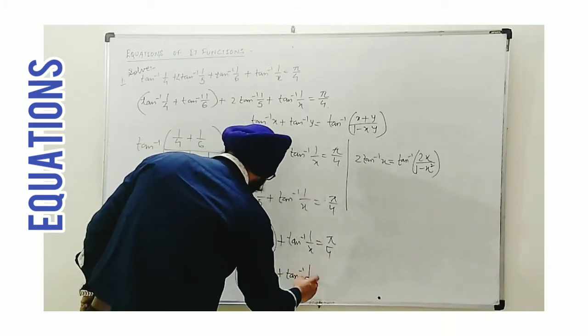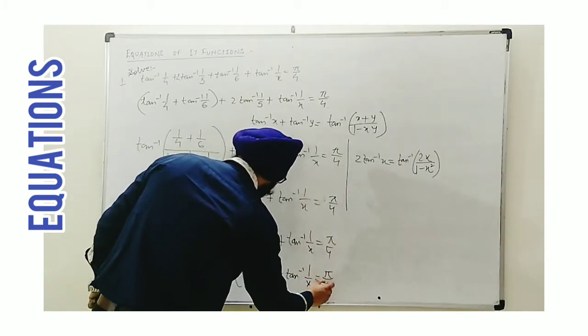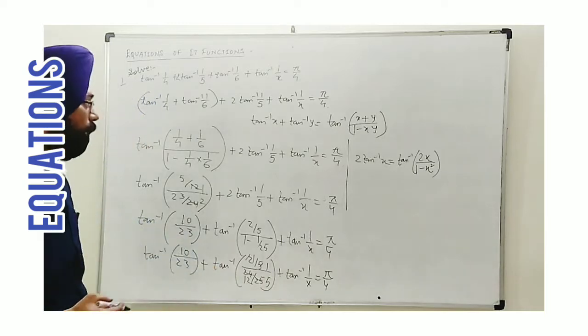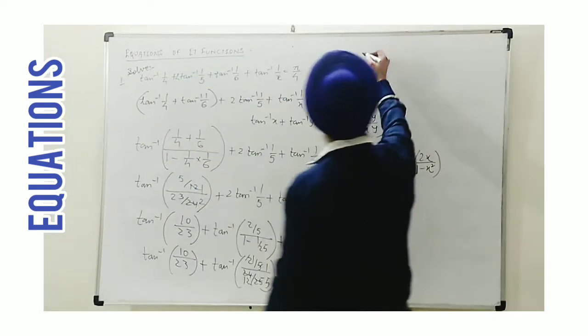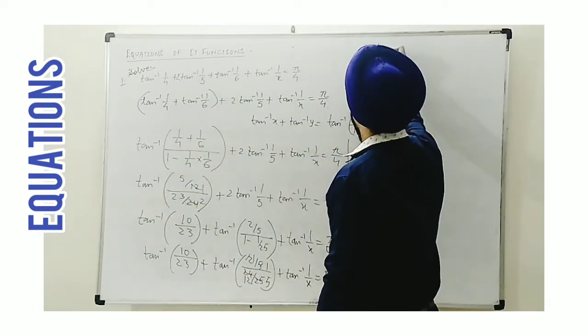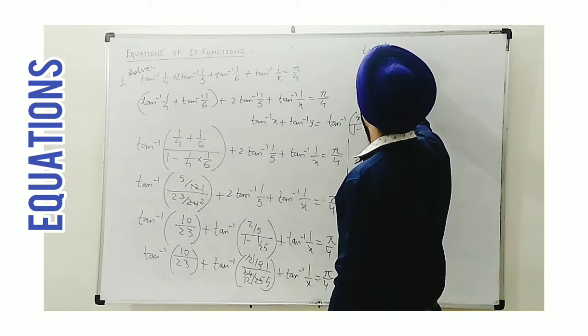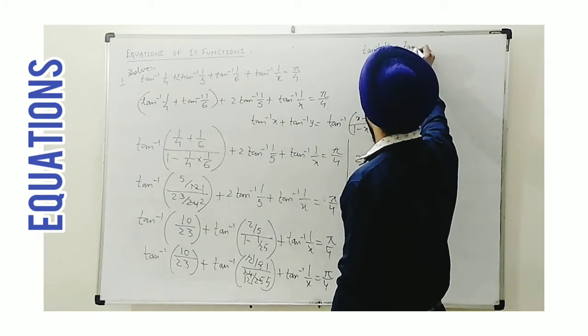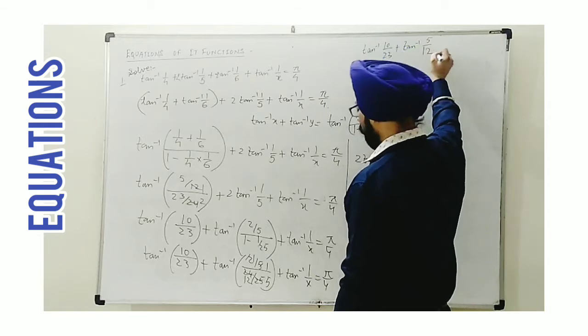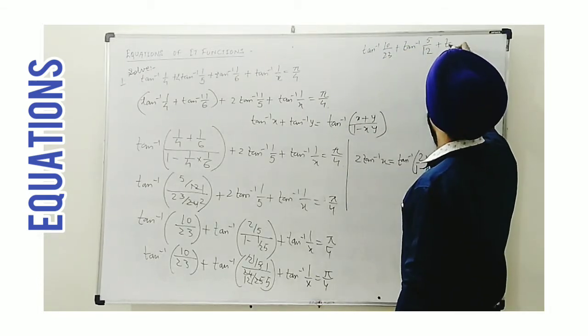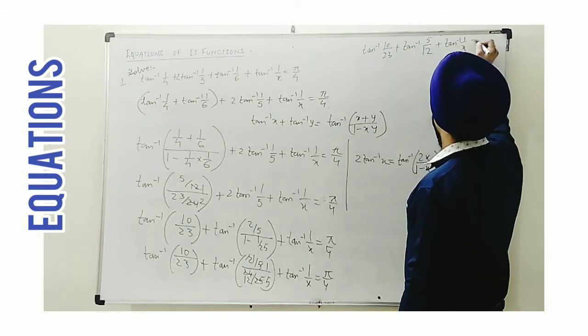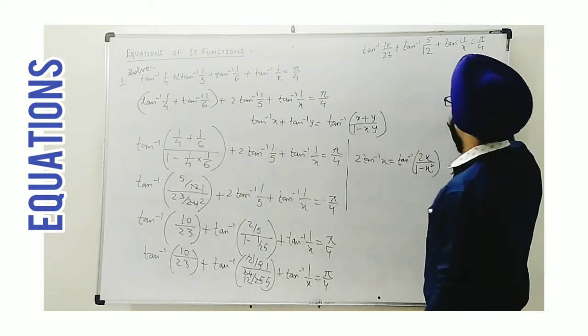Next step we will write that. Here cancellation gives us 5 upon 12. So finally we have tan inverse 10 upon 23 plus tan inverse 5 by 12 plus tan inverse 1 upon x equal to pi by 4.